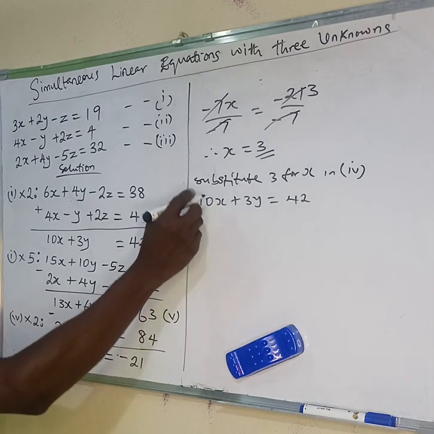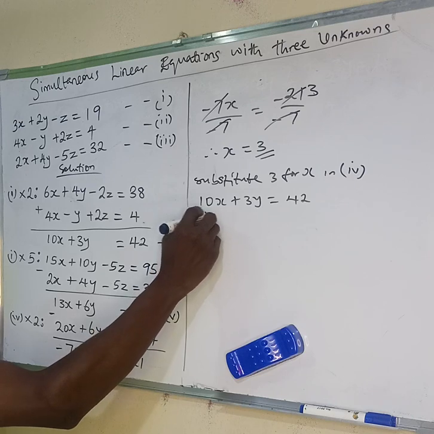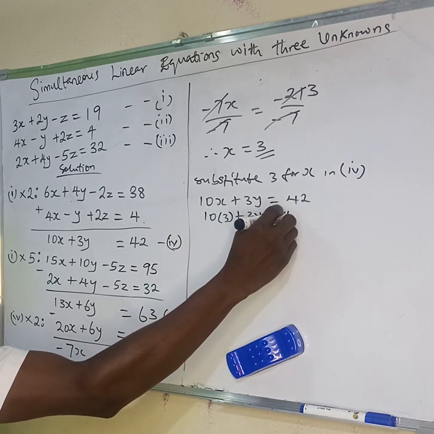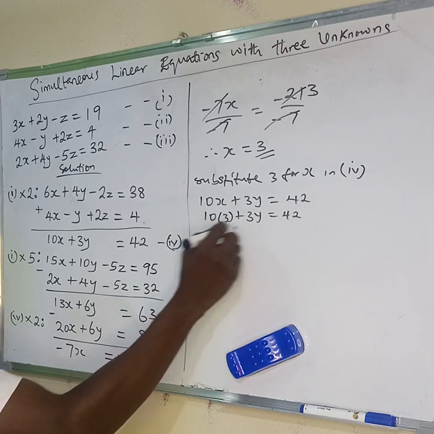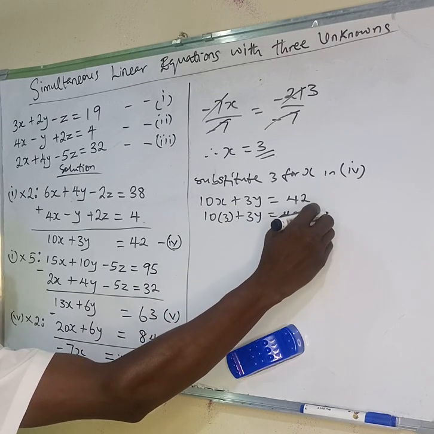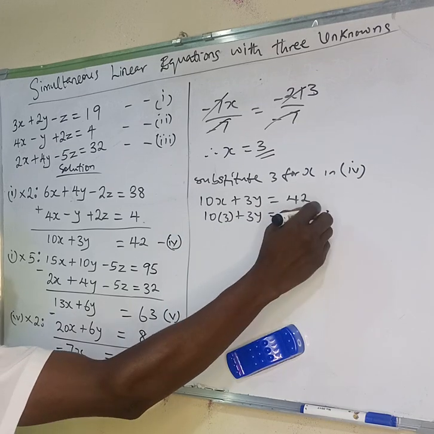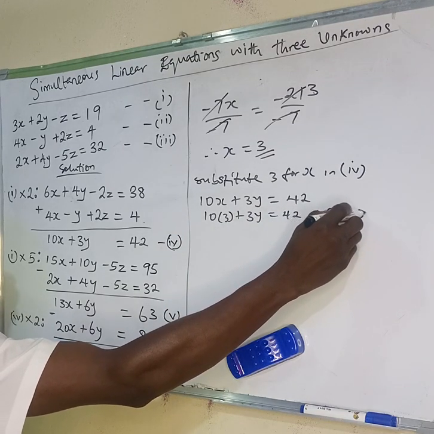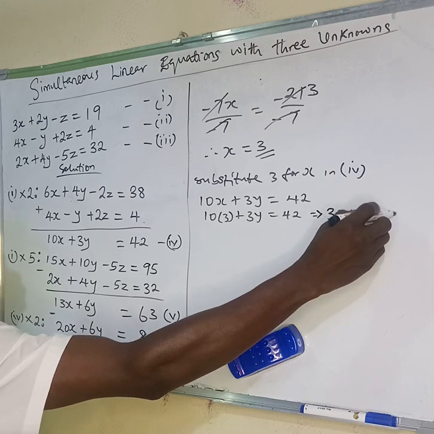So anywhere I see x, I replace it with 3, which means 10 into 3 plus 3y is equal to 42. 10 times 3 is 30, plus 3y is equal to 42.